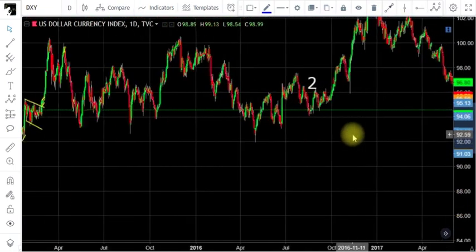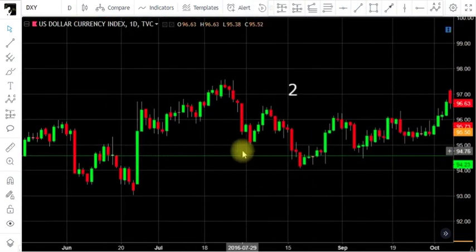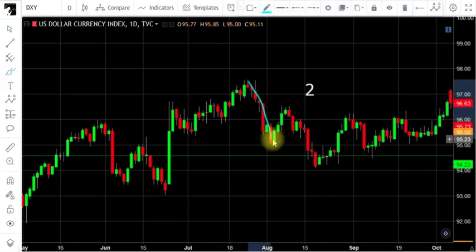And here's number 2 that I want to show you. That one looks a little bit clearer, but you can see it again. It's come down 1, 2, 3. And 5, 3, 5 yet again.